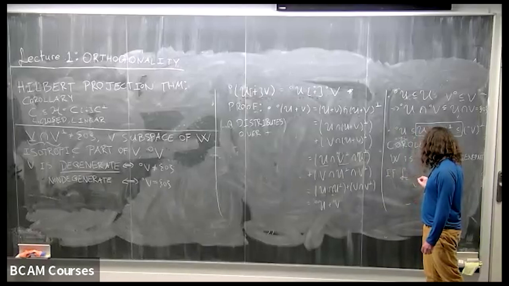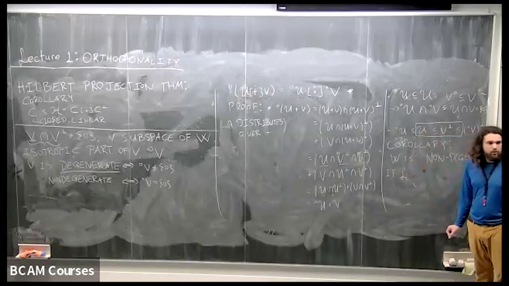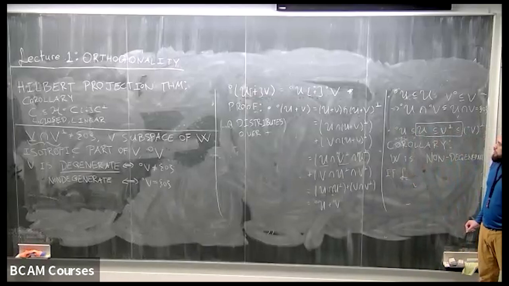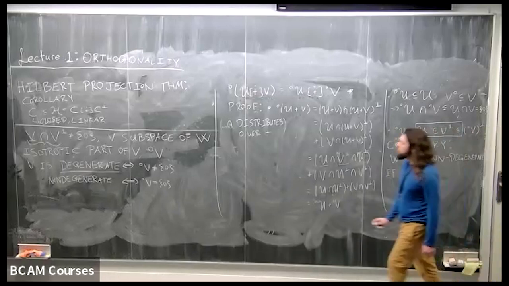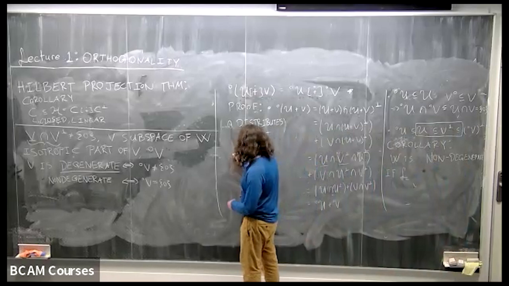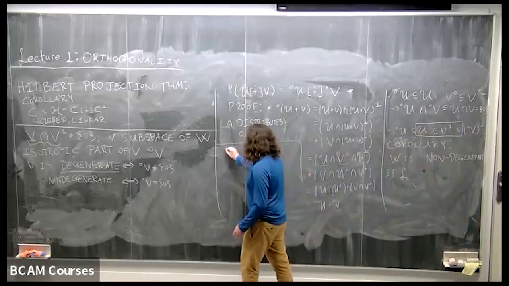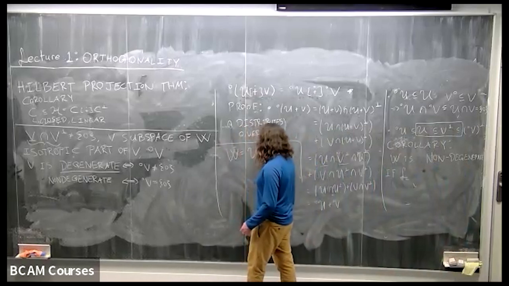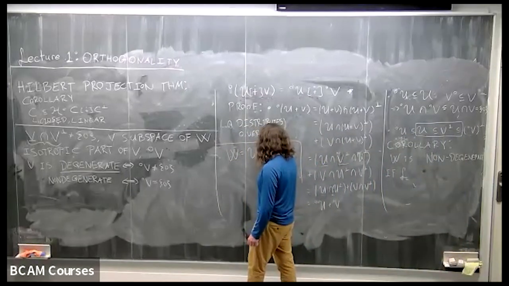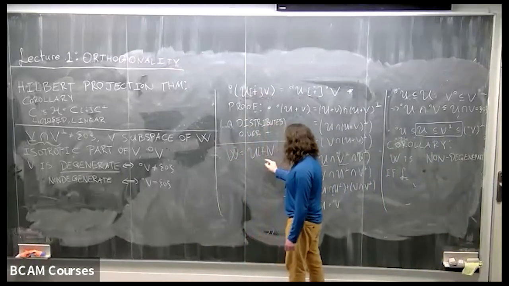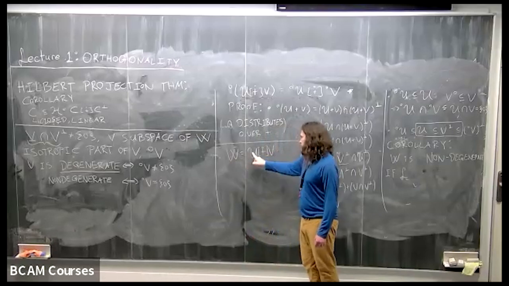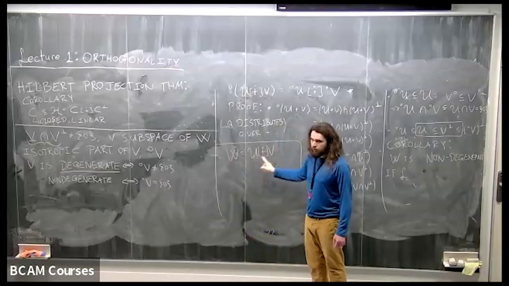I think I forgot to define a word. So I talked about complementary subspaces. So if I have this, so if the big space is a direct sum of two subspaces, I would call them complementary to each other.